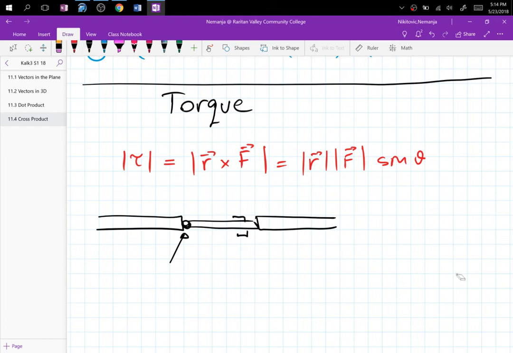Why is the handle on this side? Because it's farther away, so you have to use less force. You can do the experiment, you can try it out.